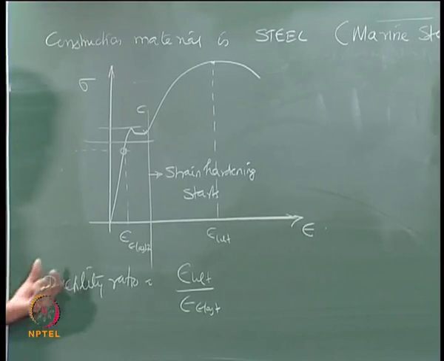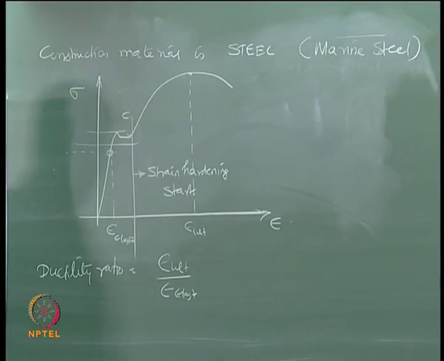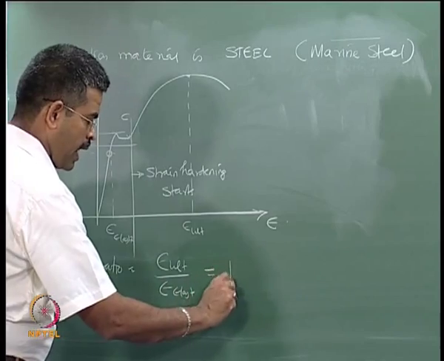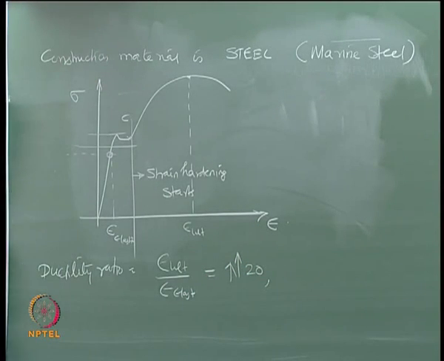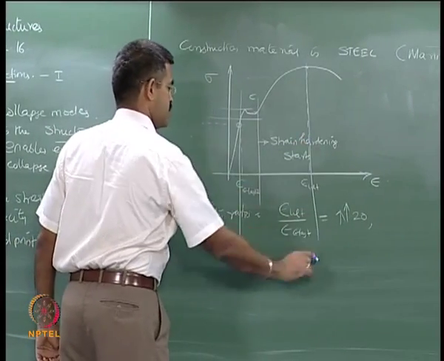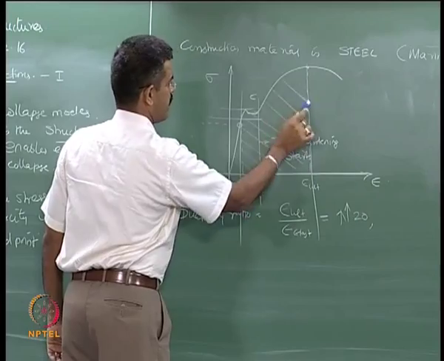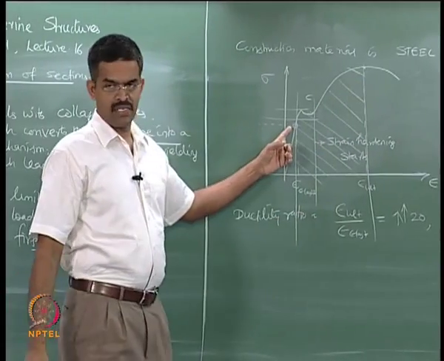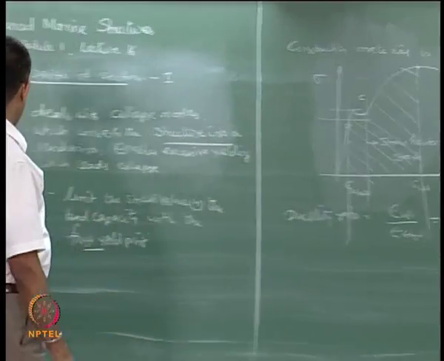If you look at a typical ductility ratio of a marine steel, this value it can be as high as even 20. What does it mean is, steel has got very good capacity beyond the first yield, which is not utilized in the elastic design mechanism.